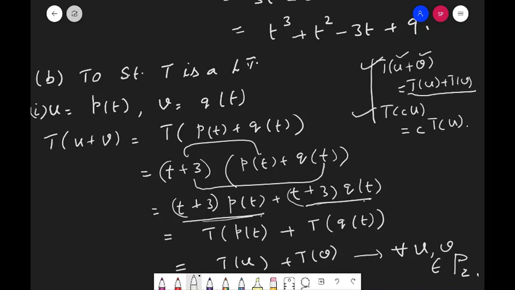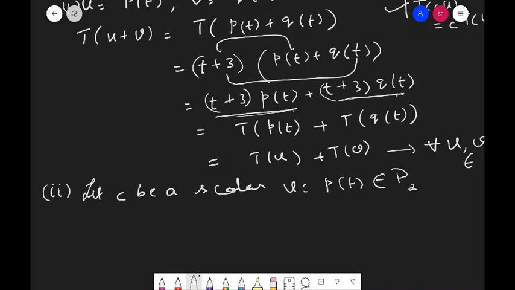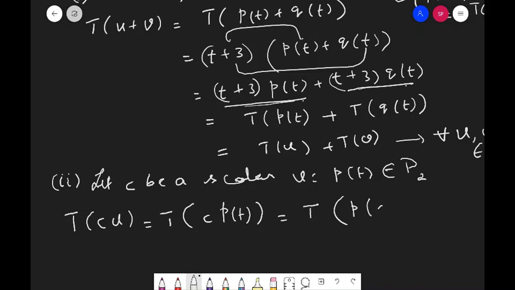Now T of c into u we have to do. This is for the second condition. Let c be a scalar and u is equal to p of t, which belongs to P2. Then T of cu is equal to T of c into p of t, that is T of p of ct, I can write.